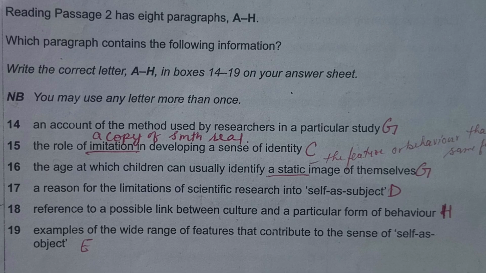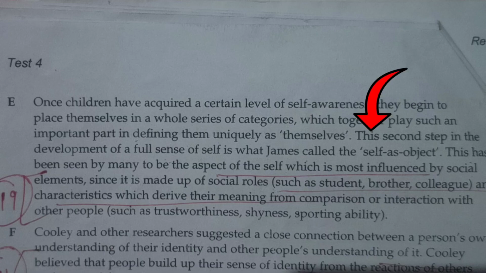Next statement is, example of the wide range of features that contribute to the sense of self as object. Self as object को contribute करने वाले बहुत सारे features. This statement has been taken from paragraph A. Let's see in the paragraph. This second step in the development of a full sense of self is what James called the self as object.